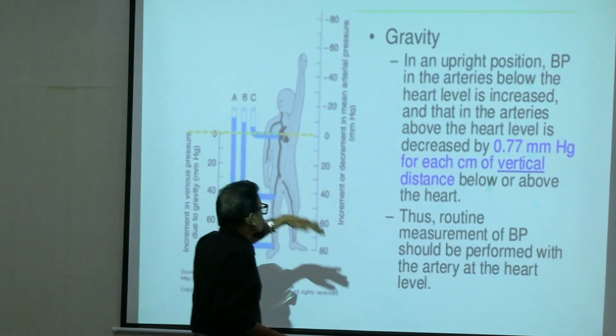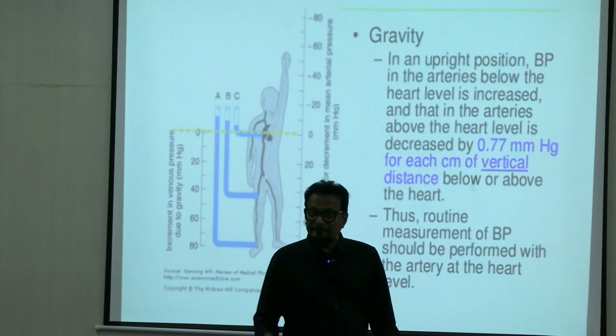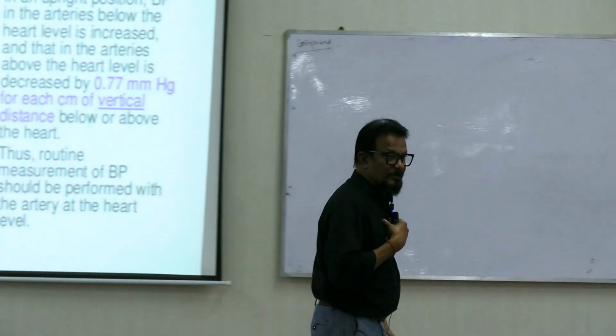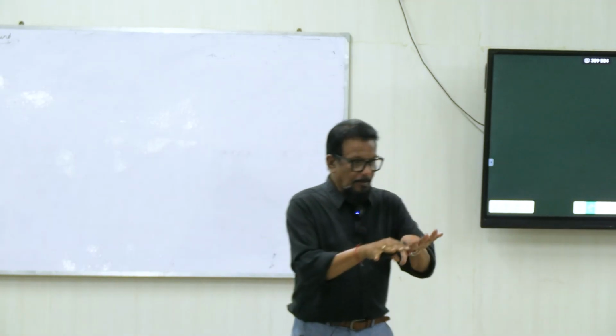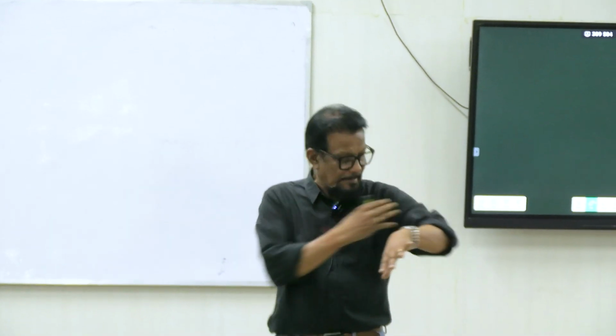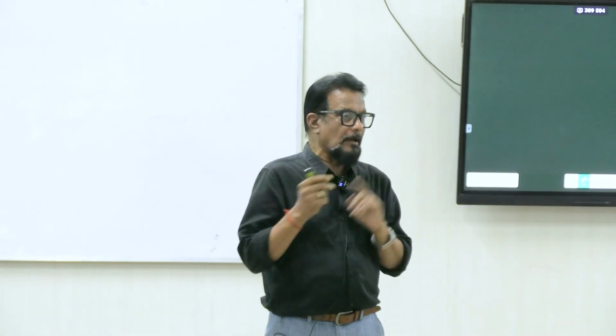The opposite is true below the level of the heart. That's why when you are measuring the blood pressure of a patient or your friend, it should always be at the heart level. We prefer the left hand, as it is closer to the heart.